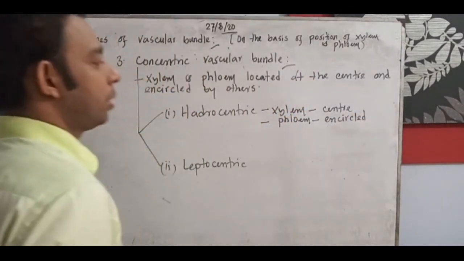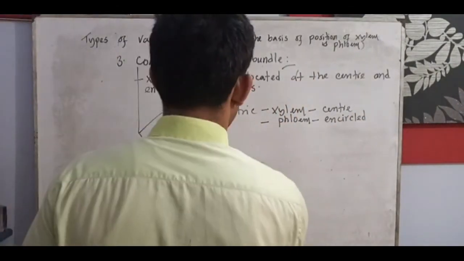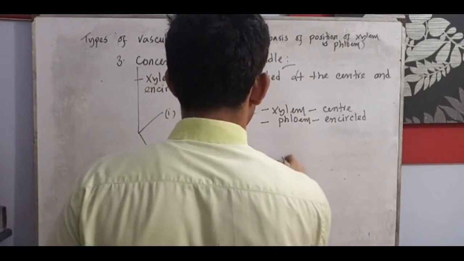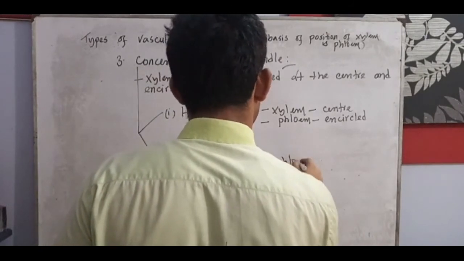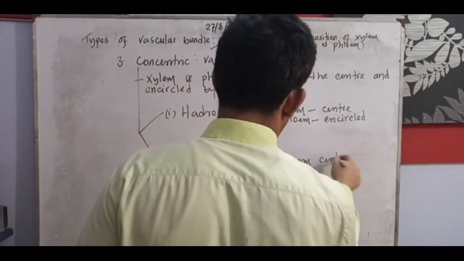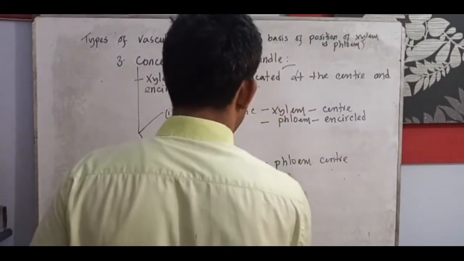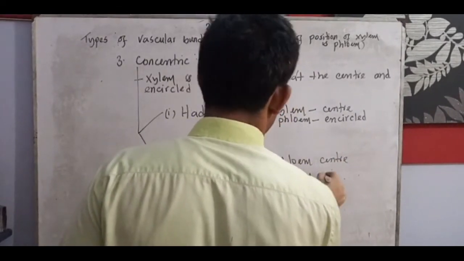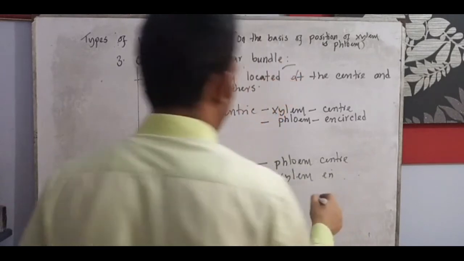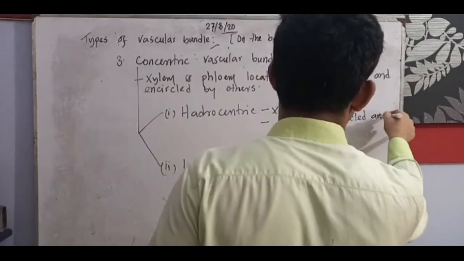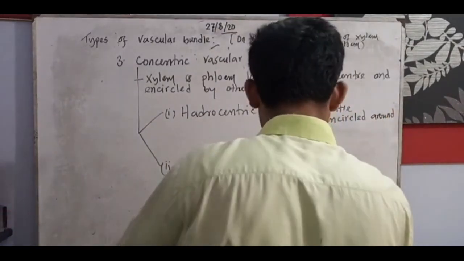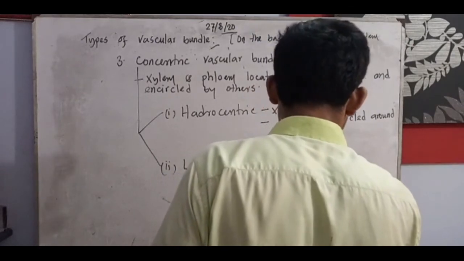Xylem center, phloem encircled. And leptocentric, phloem center and xylem encircled around.